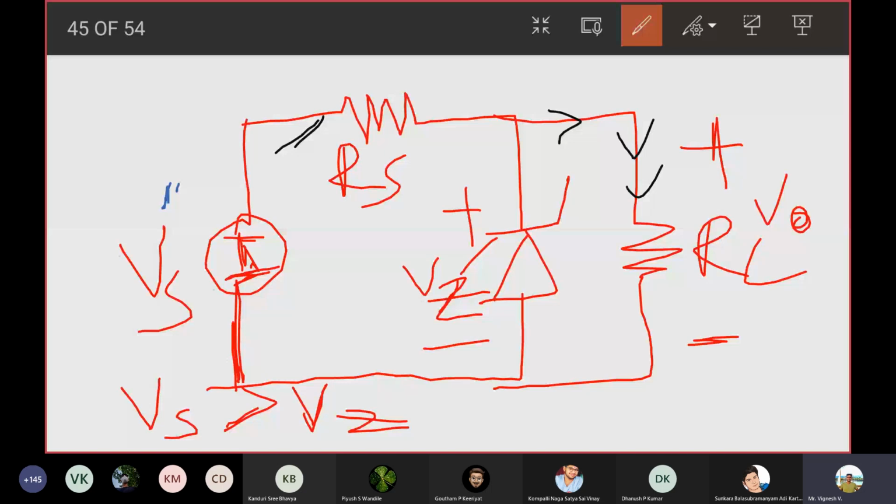The current flowing through the Zener diode, Iz, and the current flowing through the load resistor are two different currents, right? So it is very important to find the current across these two nodes. Earlier, the current across these two nodes without RL was the same as Is. Am I right?